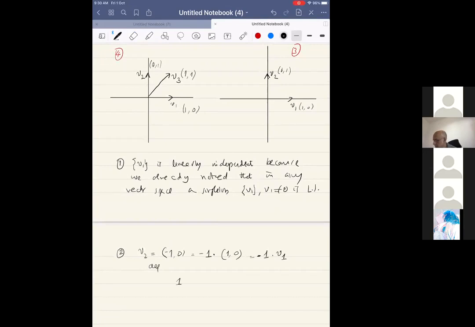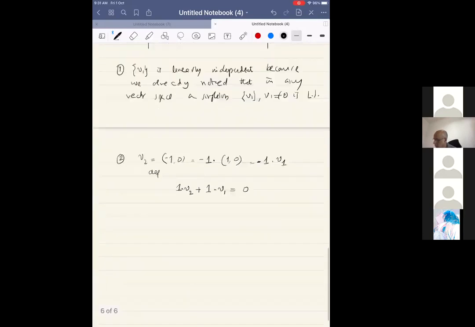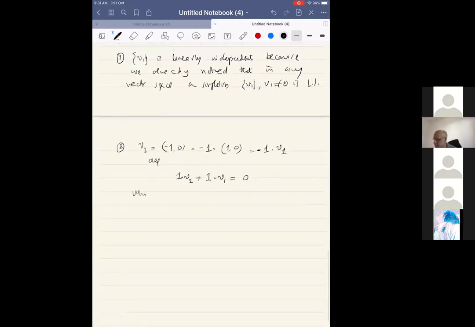So 1 times V2 plus 1 times V1 is 0, which contradicts linear independence.